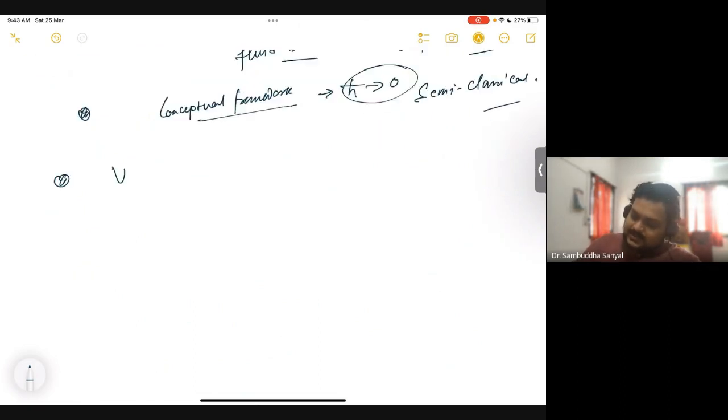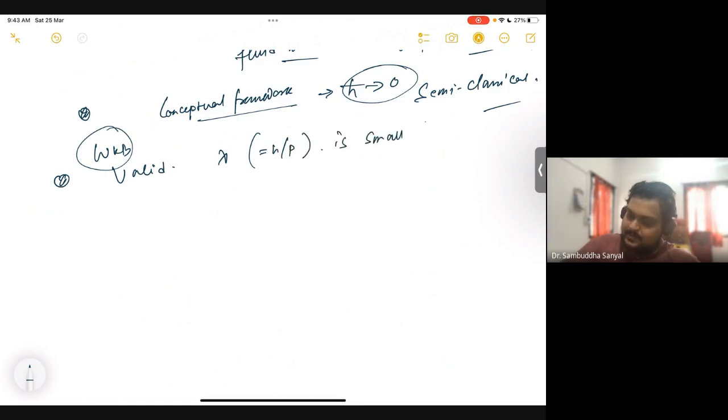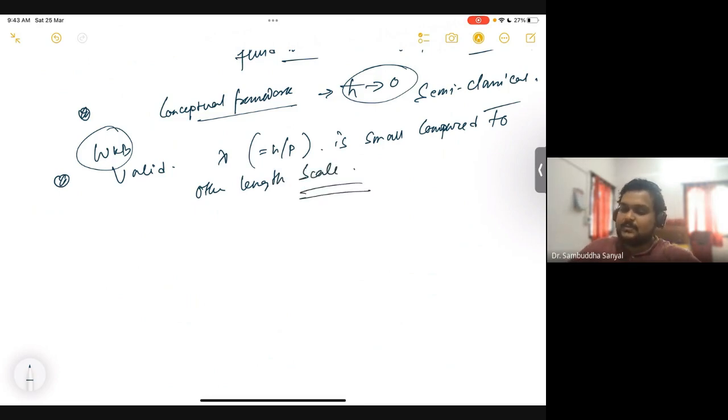So this method, WKB, is valid when lambda, which is equal to h by p, the de Broglie wavelength, is small compared to other length scales. This is a useful method to calculate the bound state energy and tunneling potential. So let's now dive into the method and see how it works.